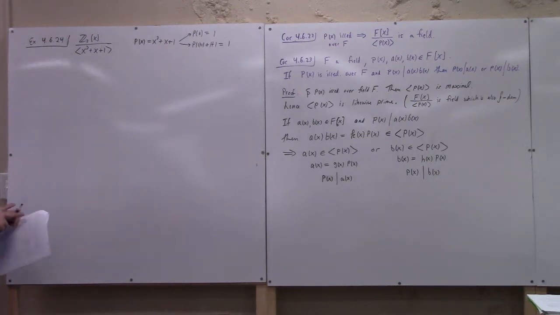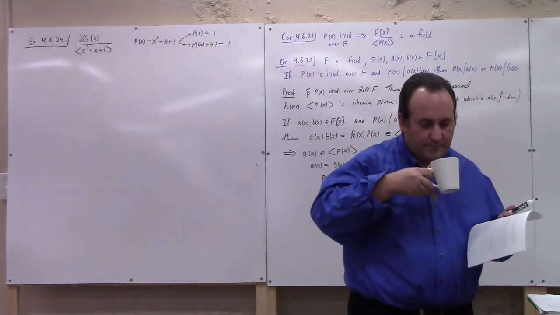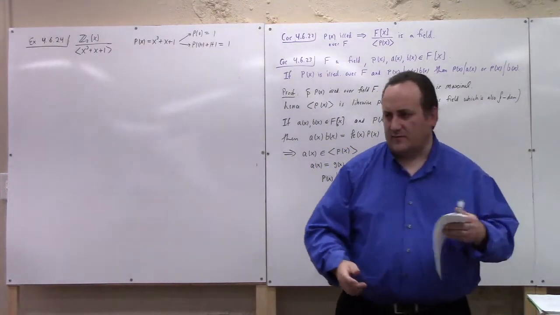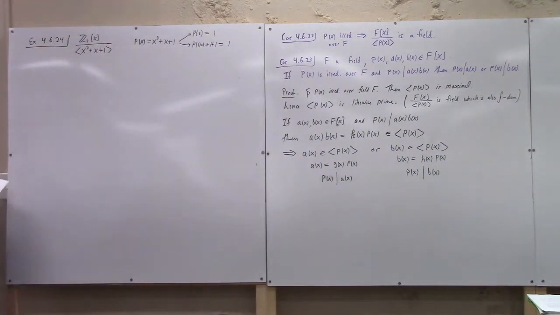Are there any irreducible cubics over the real numbers? There is no irreducible cubic over the real numbers by the intermediate value theorem. Every cubic has to cut through the x-axis somewhere, so you can always factor out a linear factor from a cubic. There's no such thing as an irreducible cubic over the reals, but this is over Z2, so things are different.